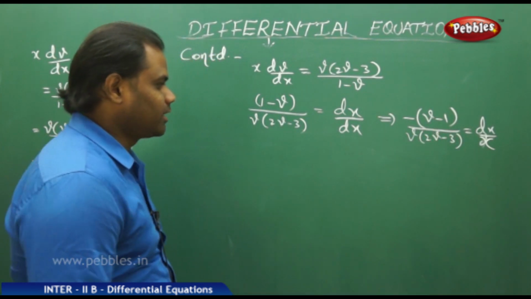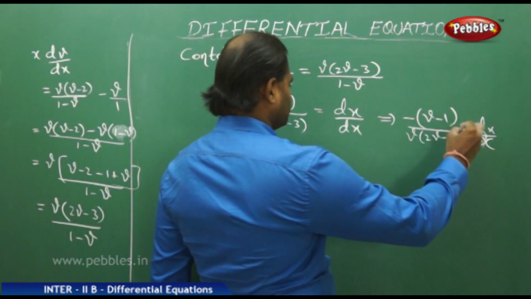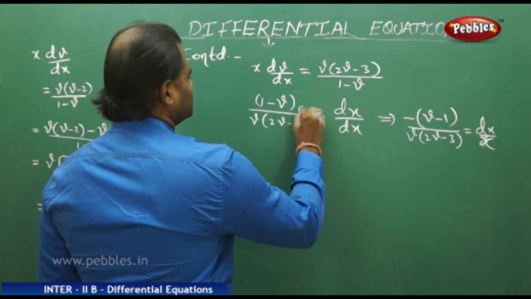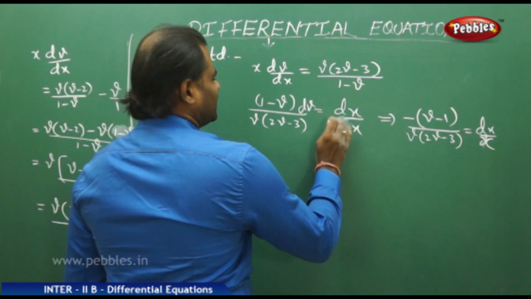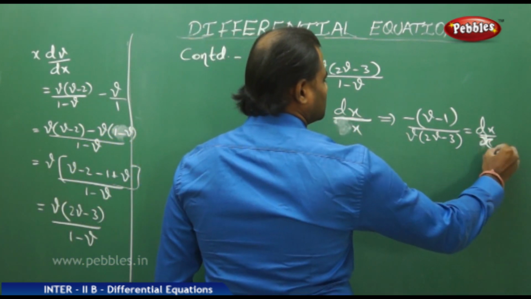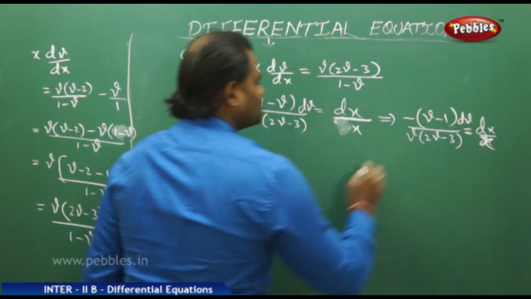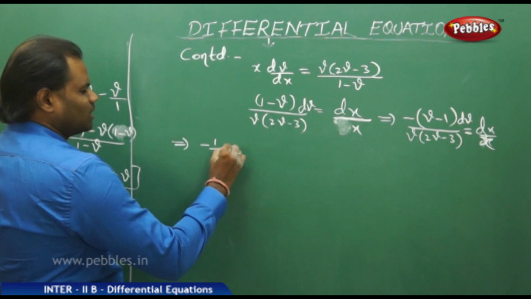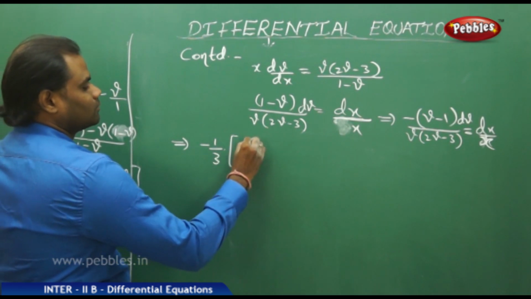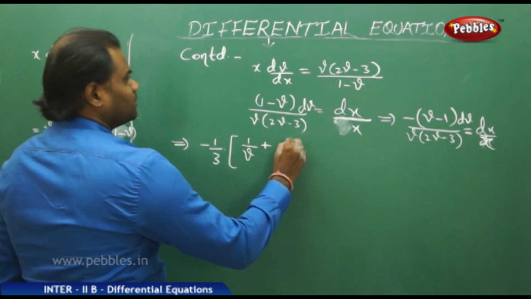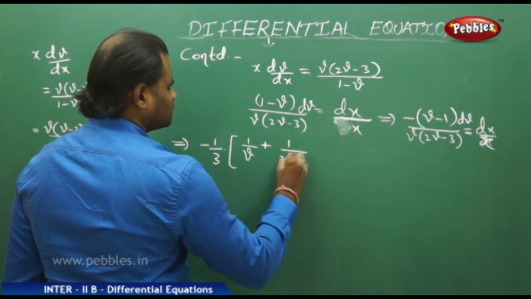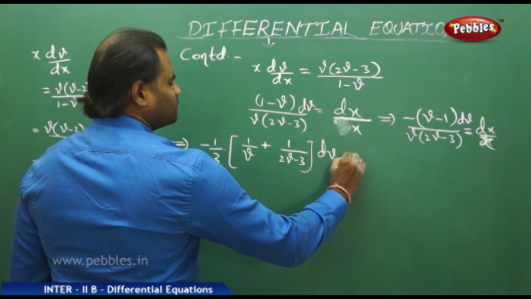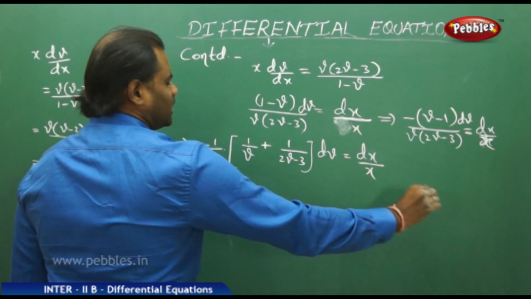So using the partial fractions on the left hand side, this reduces to 1 by 3 times of 1 by v plus 2 by 2v minus 3 dv is dx by x.